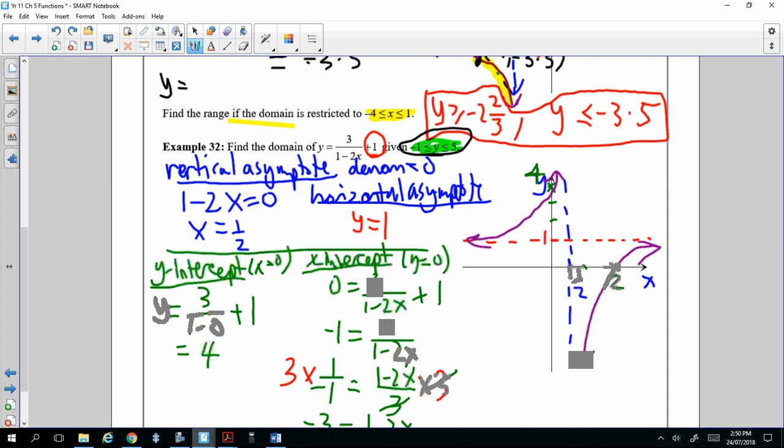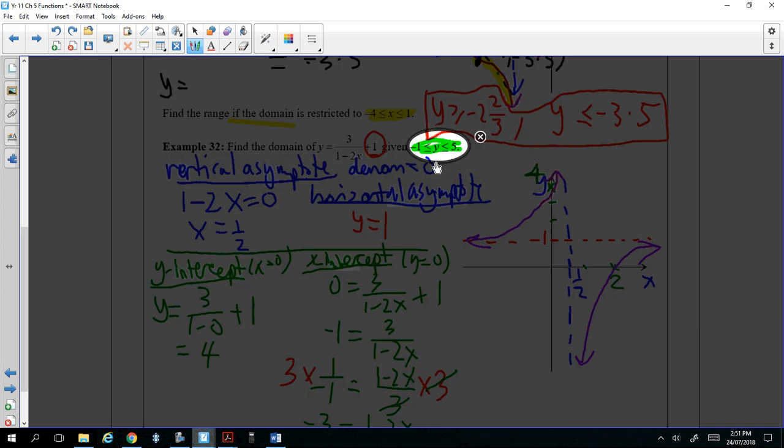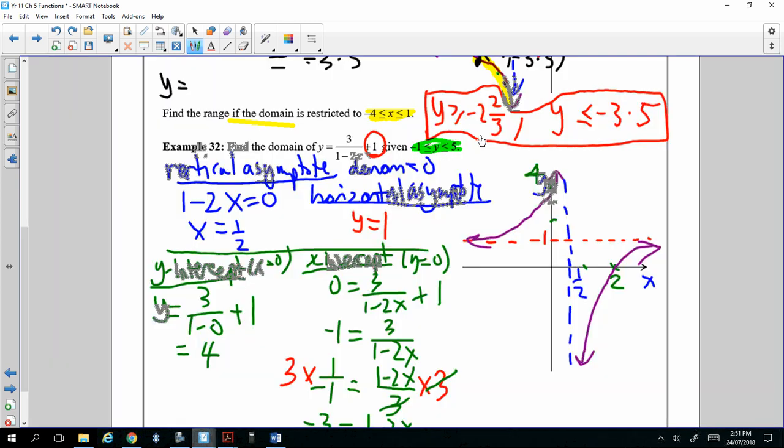What you do is, between -1 and 5, given the range. So this bit from 5 to -1, what's the domain for this?